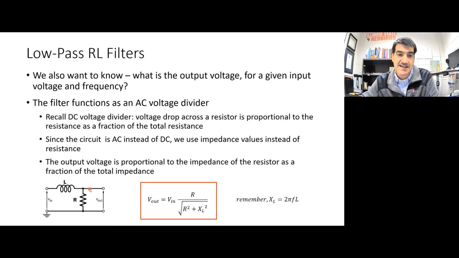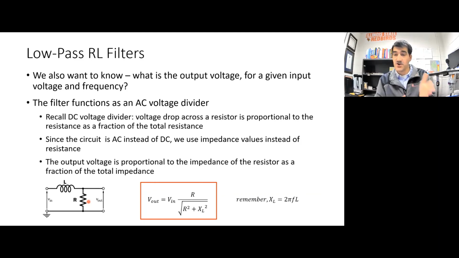So if we're taking our output across this resistor, the voltage is going to be proportional to the impedance of this component, and it's just a resistor, so it has no reactance. So the resistance is equal to the impedance. They're the same thing.